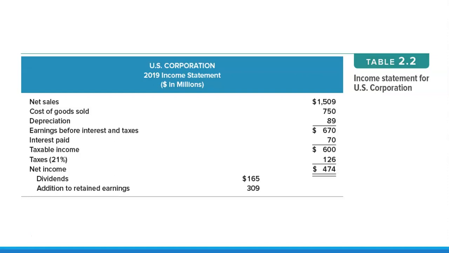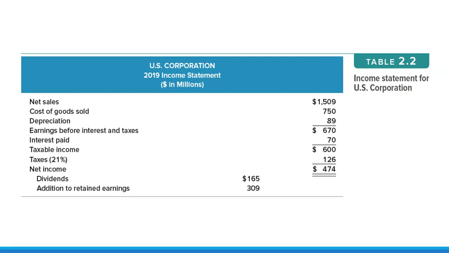On the next slide, we'll see an example of an income statement for our fake corporation from our textbook. So we have our sales, then our expenses, our earnings before interest and taxes, or EBIT, interest, taxable income, taxes, and our net income. Then we're given our dividends.